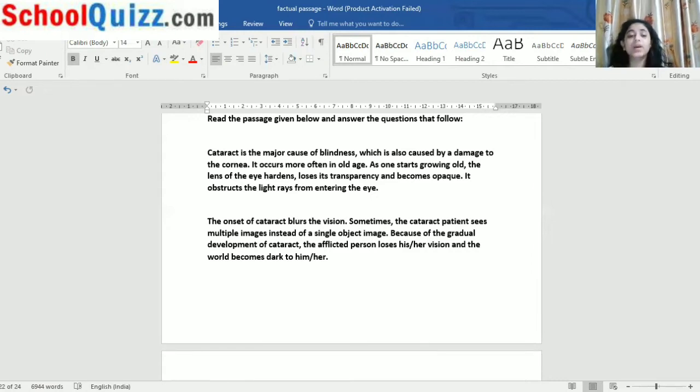It obstructs the light rays from entering the eye. It will cause harm. The onset of cataract blurs the vision. Sometimes the cataract patient sees multiple images instead of a single object image.